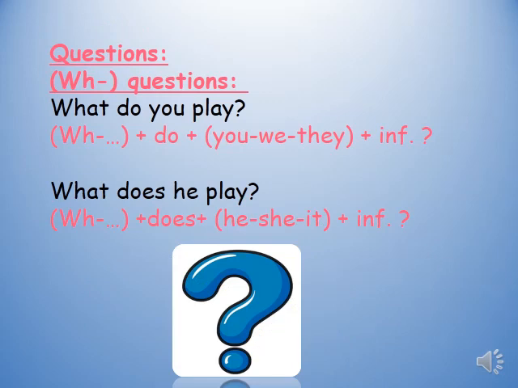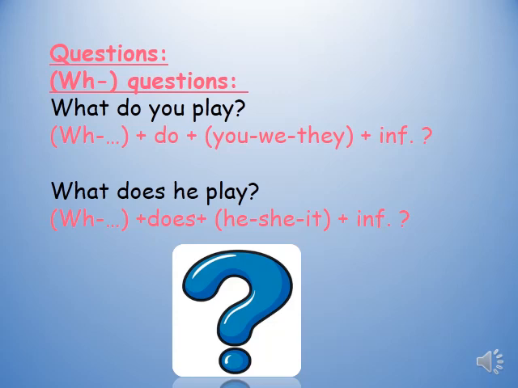Then we have the second type of questions, which is called WH questions. When I ask you a question using a WH word like what, where, when, who, okay? And I'm expecting an answer with a full sentence. For example, if I ask you, what do you play?